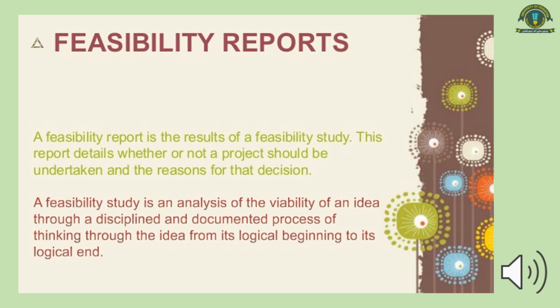There are certain components or elements in a feasibility report. The first component is introduction. The second component is proposed action. The third element is conclusion. And finally, you have to give final recommendations.